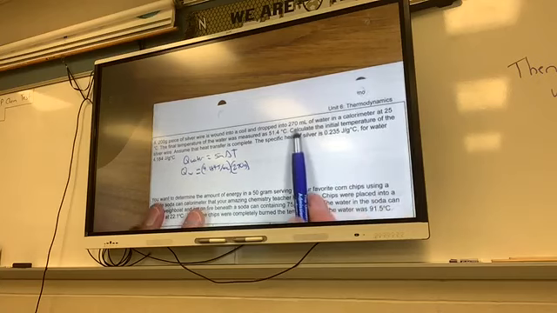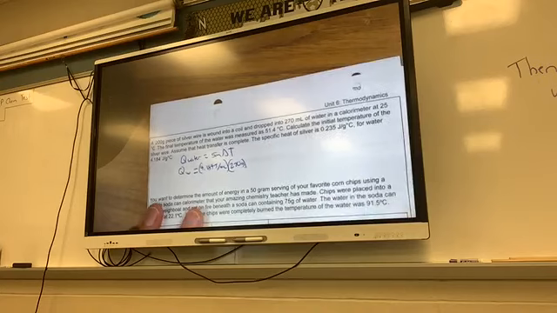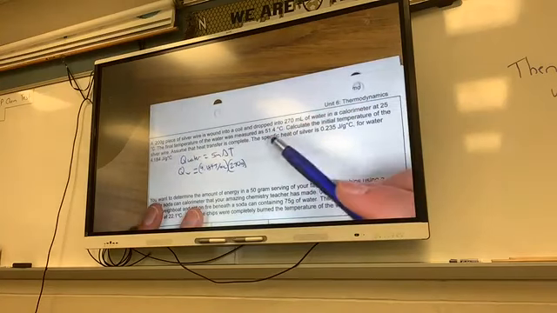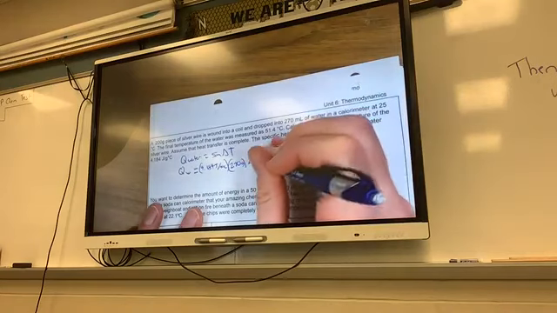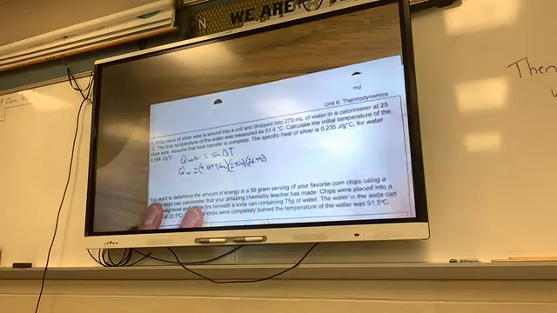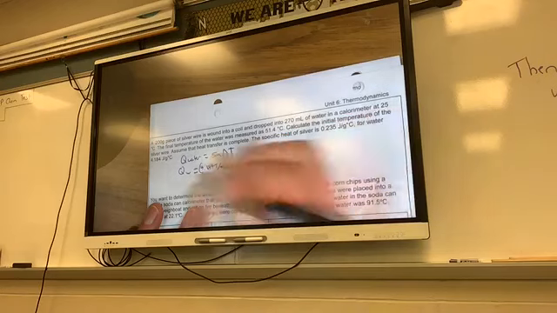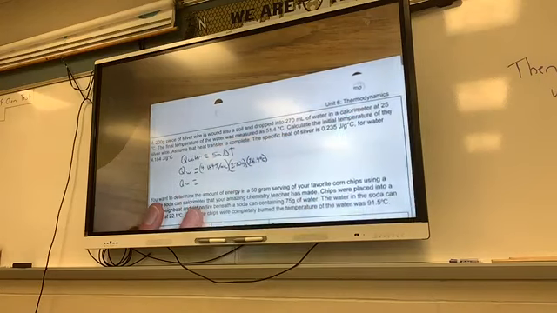Probably should have technically said distilled water. Times change of temperature. It went from 25 to 51.4. So what is that? 26.4 degrees Celsius. Okay. So Q_W equals what?